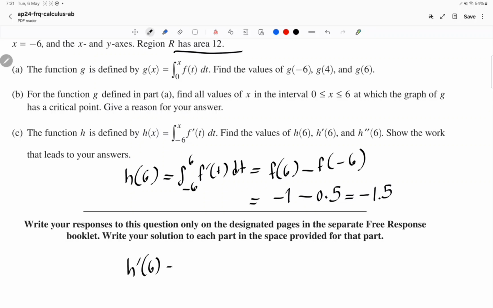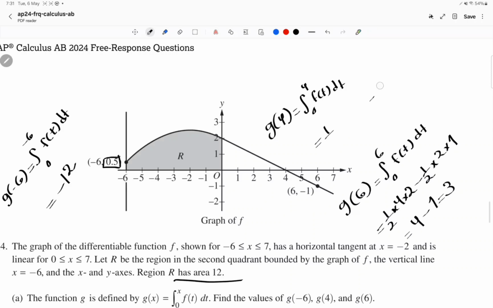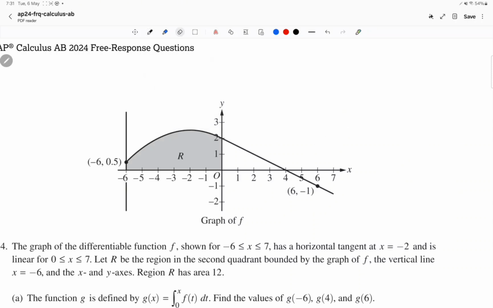H prime of 6, that means you have to differentiate both sides. When you differentiate an integral, the integral simply disappears. So you're going to have f prime of 6. Now you should go back to your graph. We have to find the f prime of 6, and 6 is here. So that means we have to find the slope of this line.